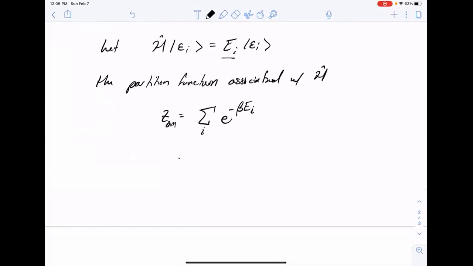Now, to get those energy levels, I would need to diagonalize the Hamiltonian. That's a fundamentally quantum mechanical operation that I would have to undergo.